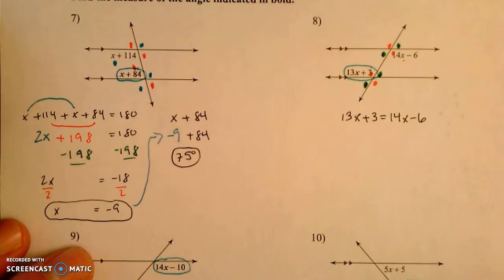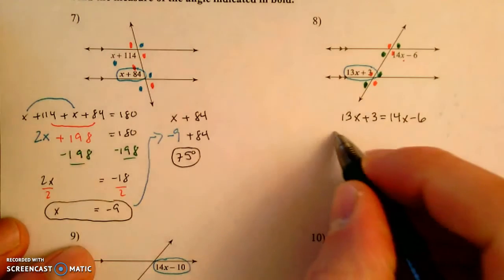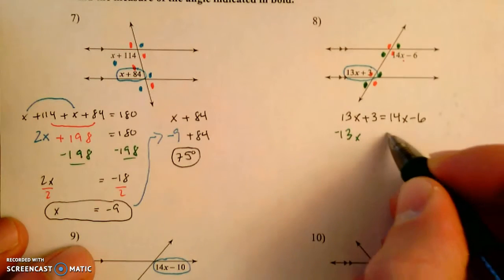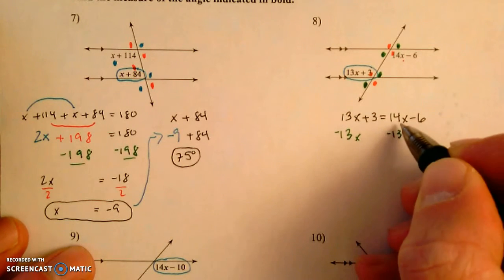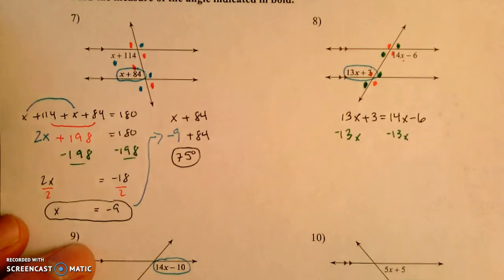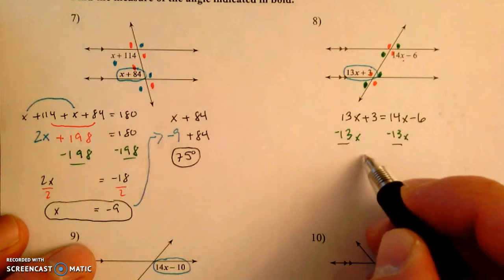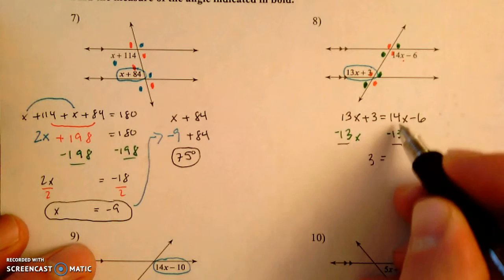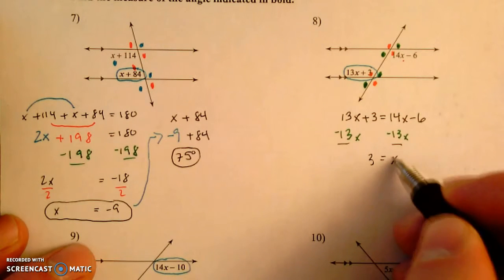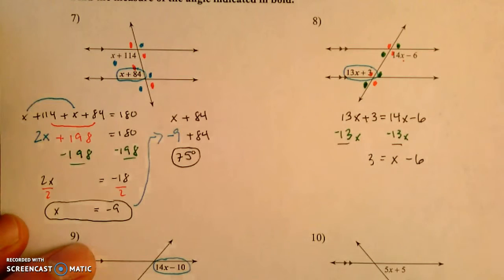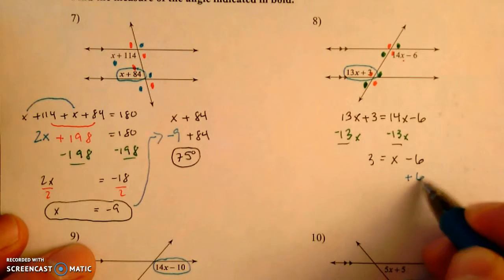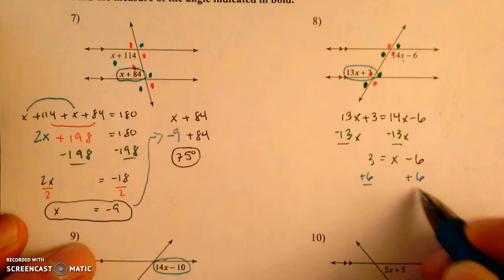Okay, so let's see. First I'll subtract 13x from both sides. I could have subtracted 14x from both sides, but then I'd end up with negative x. I don't really want that. So we end up with 3 equals 14x minus 13x, which is just x, minus 6. Add 6 to both sides.